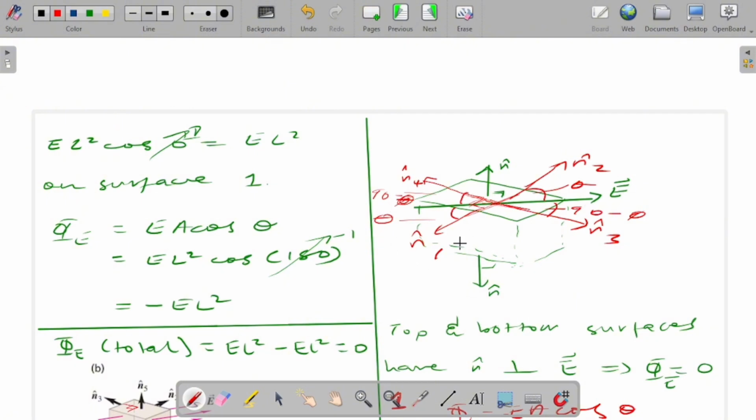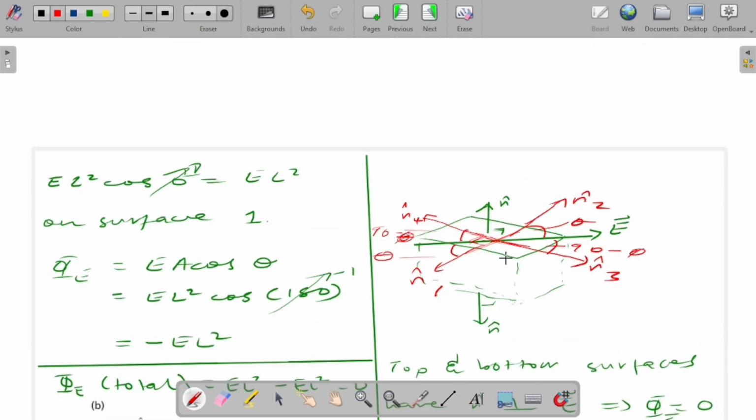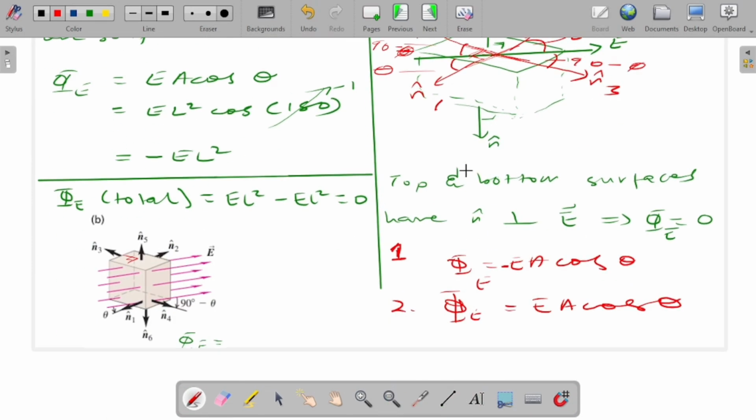But this one for 2 is positive because they are in the same direction. If you break this electric field into components, there's a component of the electric field in the direction of N2. What about 3?